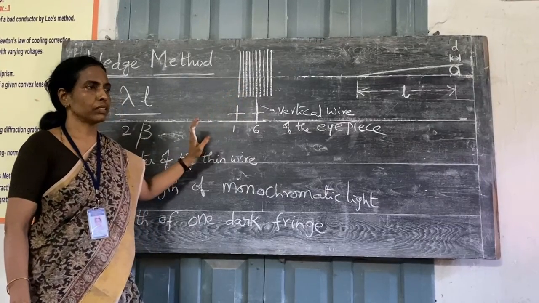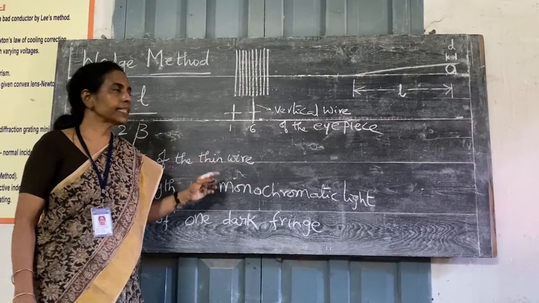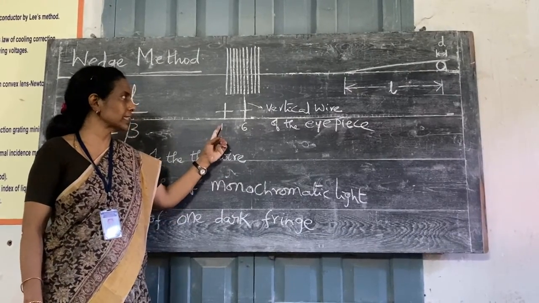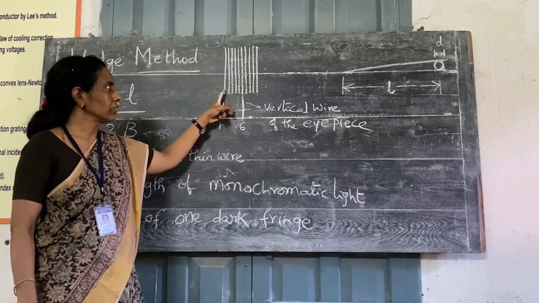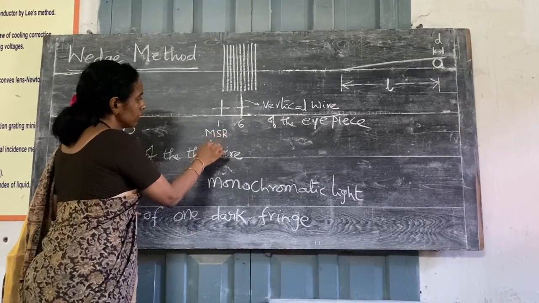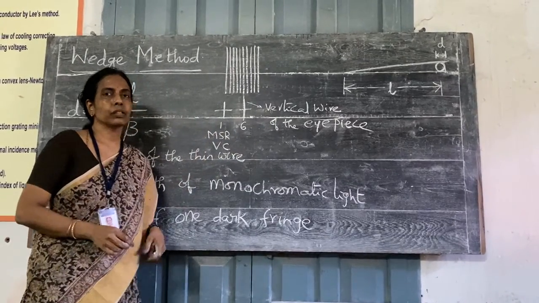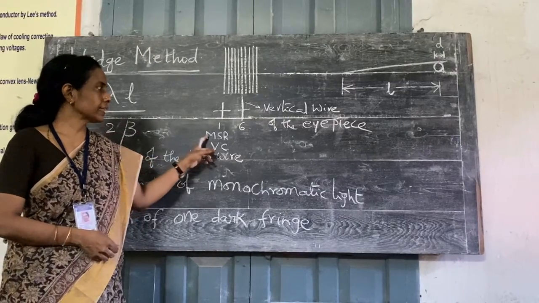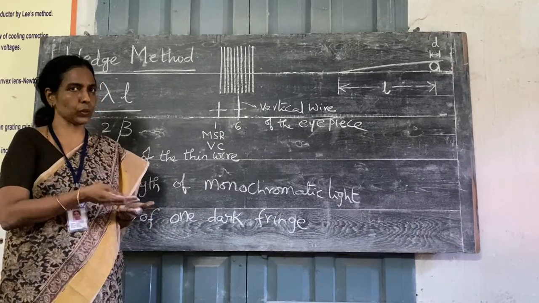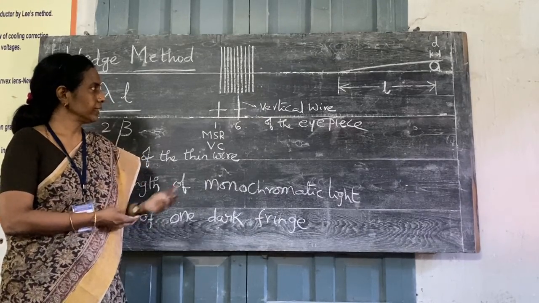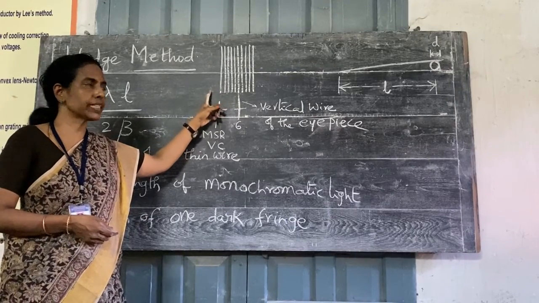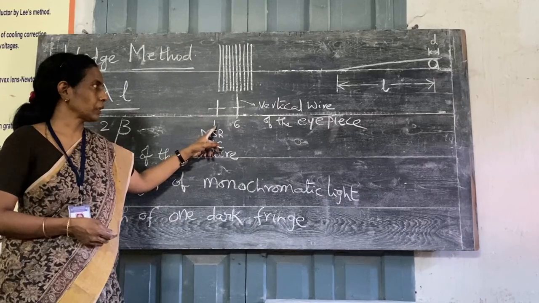Whatever may be the number of the bright fringe, we will take it as the first bright fringe. We will note it as the first bright fringe. The MSR and Vernier coincidence are to be noted. Main scale reading and Vernier coincidence of the scale of the travelling microscope will be noted for the bright fringe, and this bright fringe will be taken as the first bright fringe.